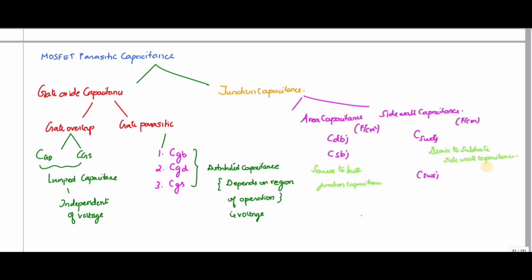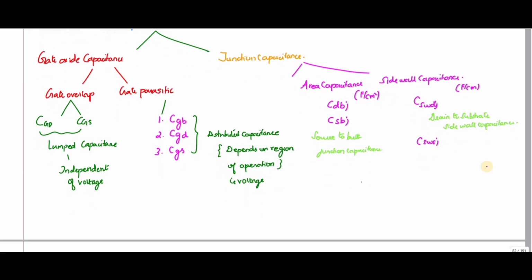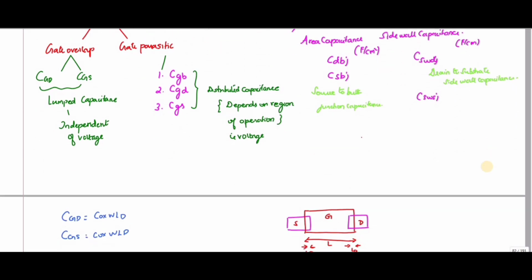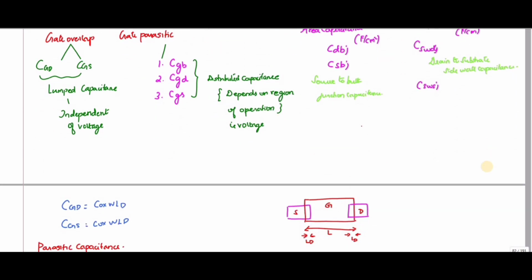So first let us discuss the MOS structural capacitance. Okay. So here you can see the gate is overlapped with the source and drain. If this is my length L, this overlap length I can represent as LD for both.